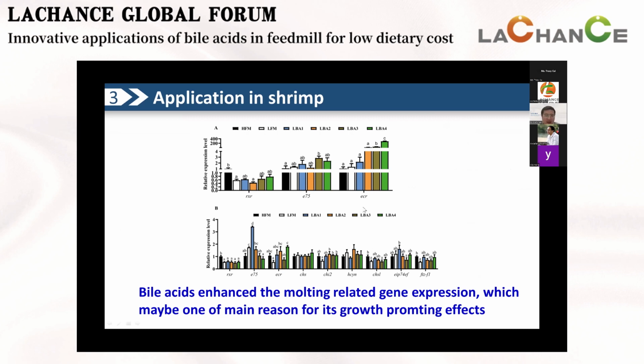And one of the main reasons may be the bile acids could enhance the molting-related gene expression. We have detected lots of molting-related gene expression. We found that bile acids could enhance their expression. So this may be one of the main reasons for the growth-promoting effects of the bile acids.